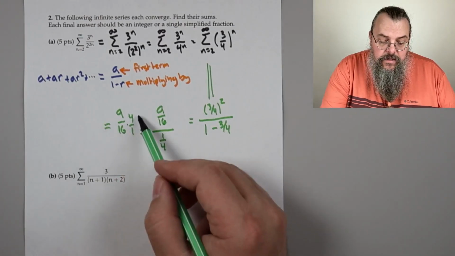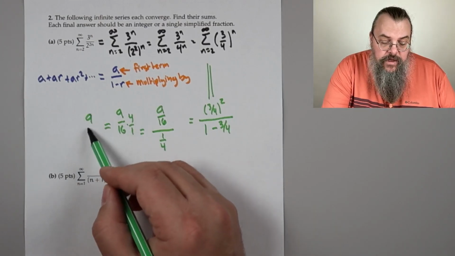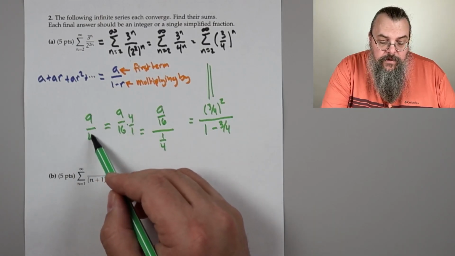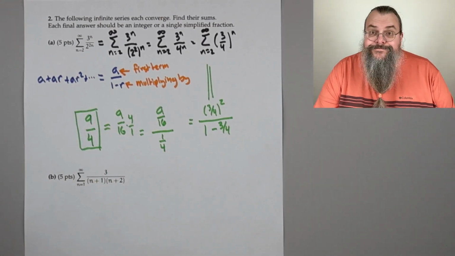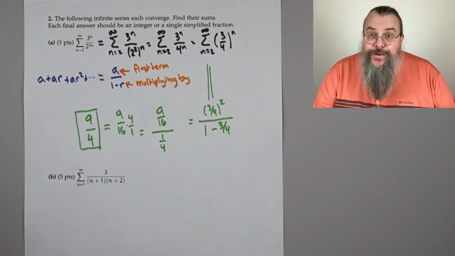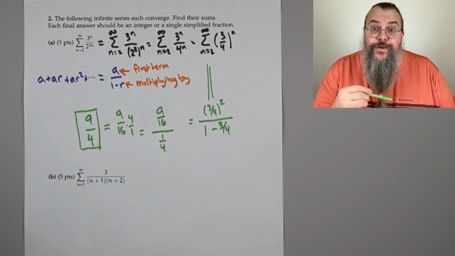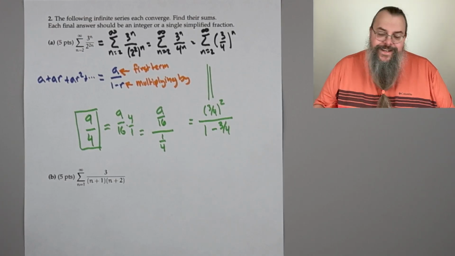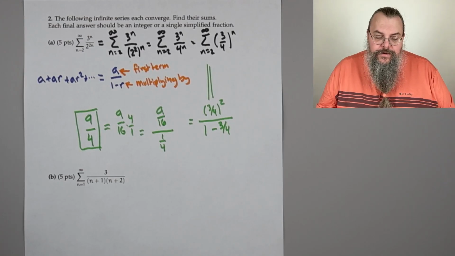And, okay, well, 4 and 16 have a common factor, so we end up with 9 over 4. And there we go. That's our answer, 9/4, 2.25. Or if we're engineering students, 2.2500. And that way we have more accuracy, right? So, all right, there we go.